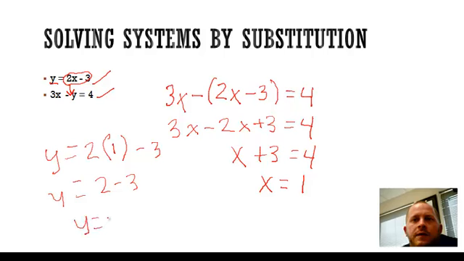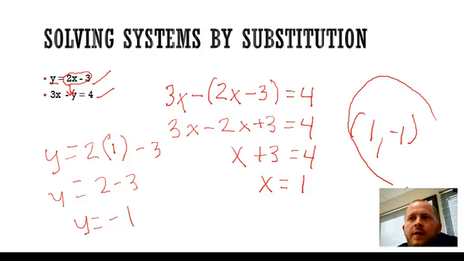So our y is going to be equal to negative 1. As we look at this, you can take these two values, which we're going to write as an ordered pair right here. Okay, that's going to be our answer for this equation. You can go back and plug both those in for the x and y.